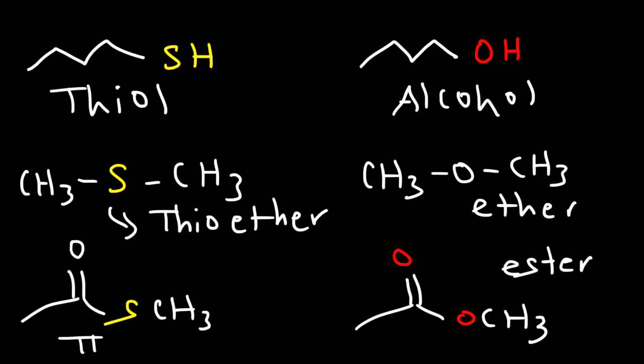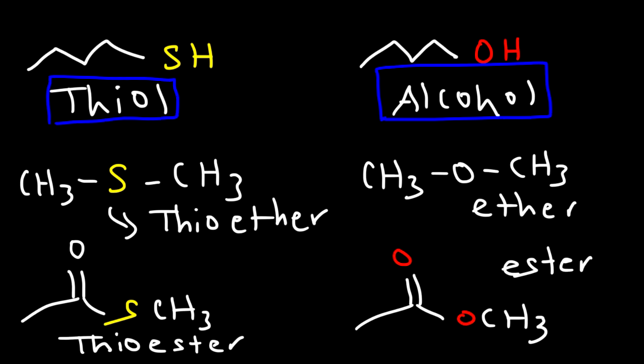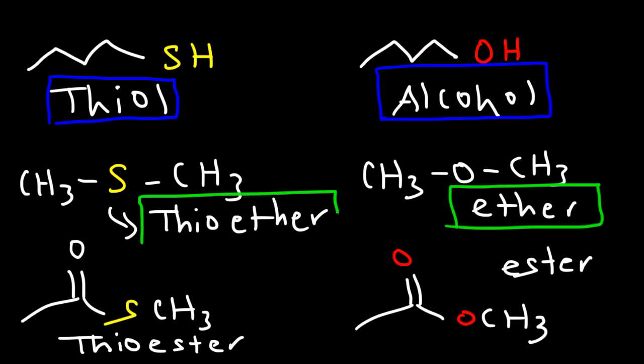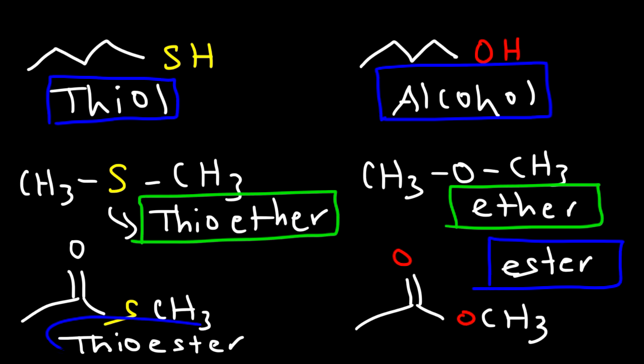On the left, this is known as a thioester. So see the similarities: alcohol, thiol; ether, thioether; and here we have ester, and then thioester. So if you see an oxygen being replaced with a sulfur atom, add the prefix thio to it. The name is going to have some sort of thio on it.